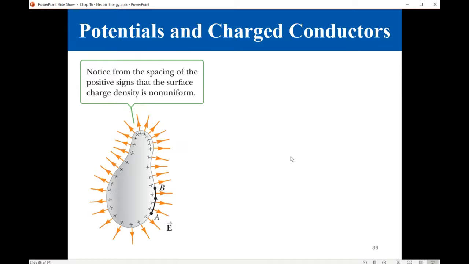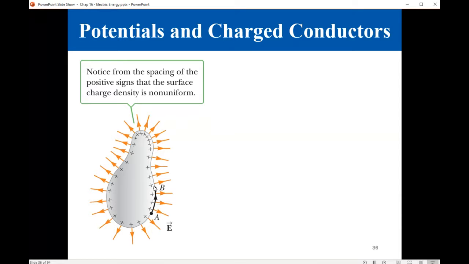Now, if you have a conductor and you have charges on that conductor, at equilibrium, the surface of the conductor will serve as an equipotential surface. If the potential was not equal at all points, then there will be a potential difference. If there is a potential difference, there will be a field associated with that potential difference, and the field will do work, and that work will redistribute the charges.